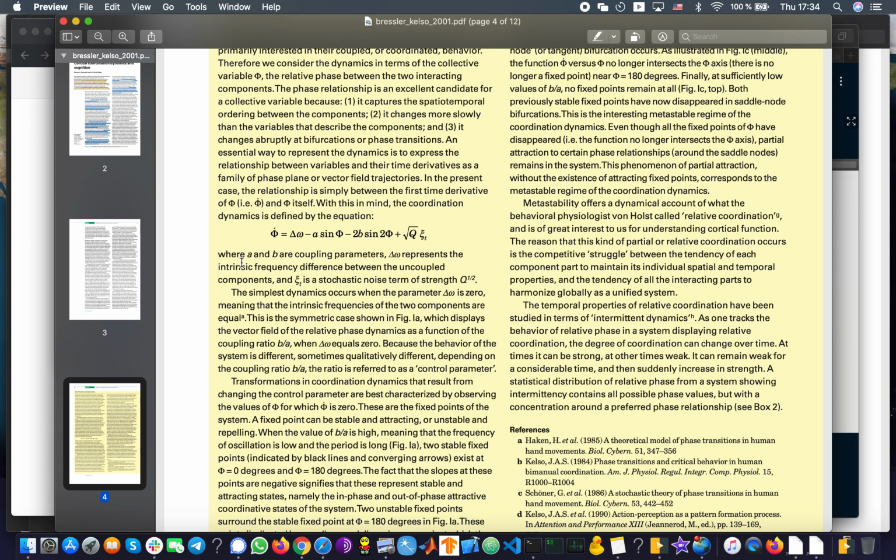But here you can see that A and B are the coupled parameters. Again, you can see that we have two parameters, which bifurcation and the state space soon is going to emerge out of. So you have one variable like phi, and you are interested in the change of phi with respect to time.